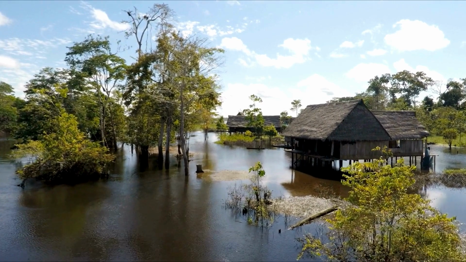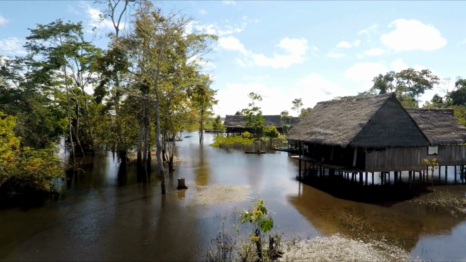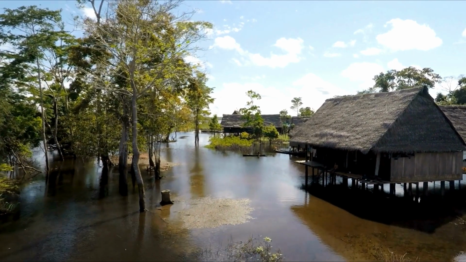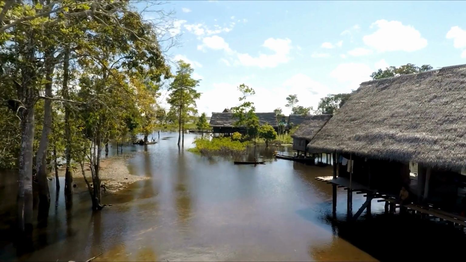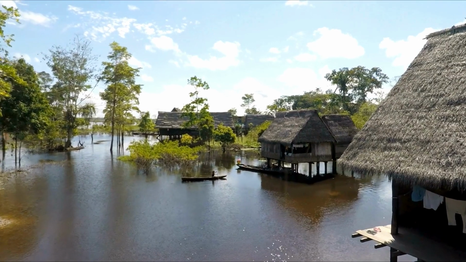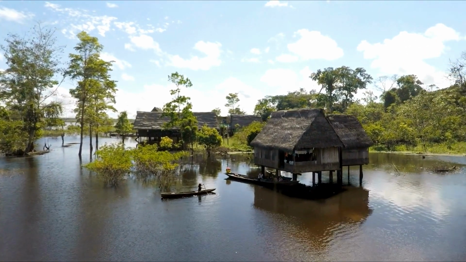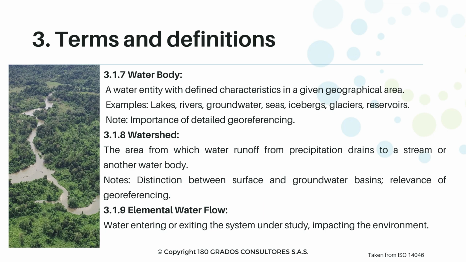It's important to distinguish between surface water and groundwater basins, and they don't always overlap. Moreover, a detailed and georeferenced understanding of the watershed is vital for identifying how water moves and collects in a given area. Finally, we have elemental water flow, very important for our studies.